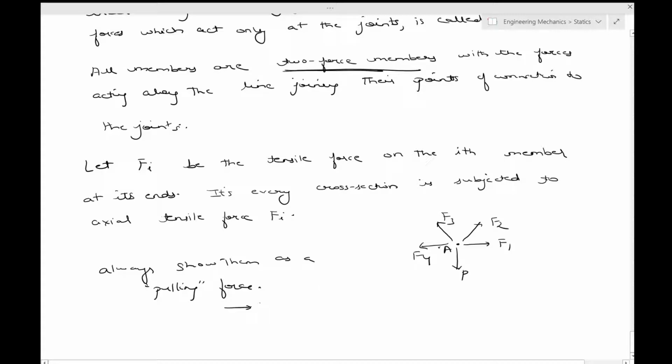So if the actual answer is negative, then it is compressive.